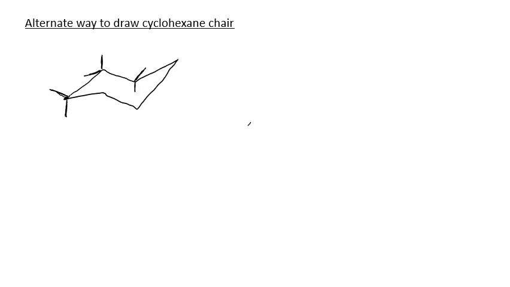The bottom face is axial. The top face is axial. Bottom face equatorial. The next carbon, the top face of the ring is equatorial, and the bottom face of the ring is going to be axial. On the last carbon, we have axial and equatorial.